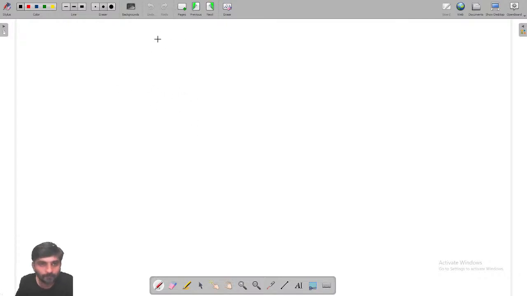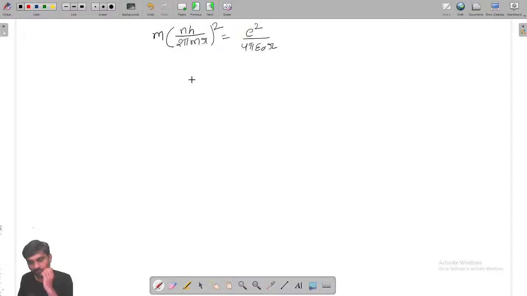What do you get? m into v, where v is nothing but n h by 2 pi m r, whole square, is equal to e square by 4 pi epsilon naught into r. So if you do everything, what will you get?